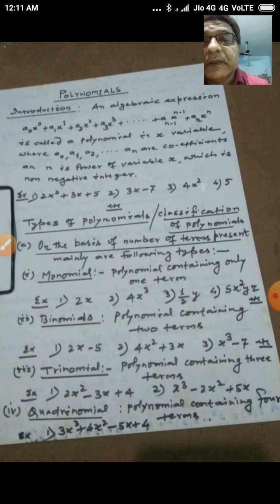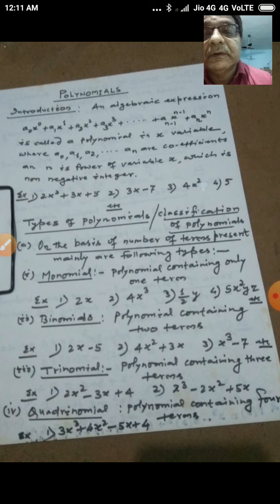So in this situation we will get a polynomial of two terms. Similarly, if only one term has a non-zero coefficient, and the remaining coefficients are 0, then we will have a polynomial of only one term.